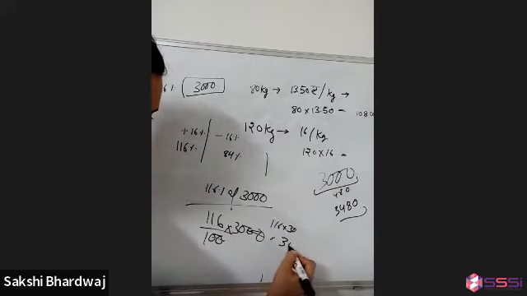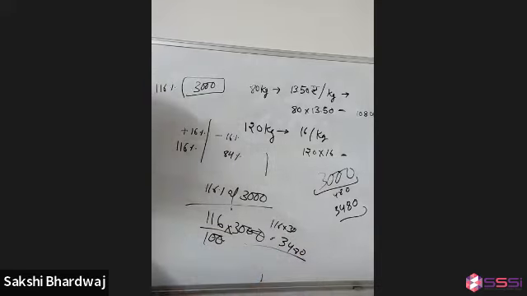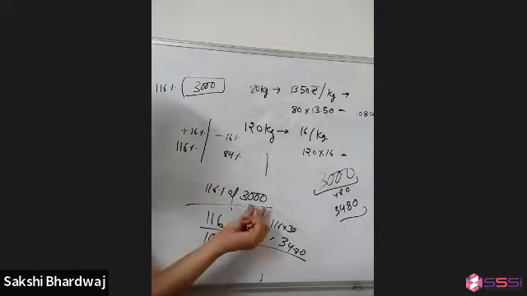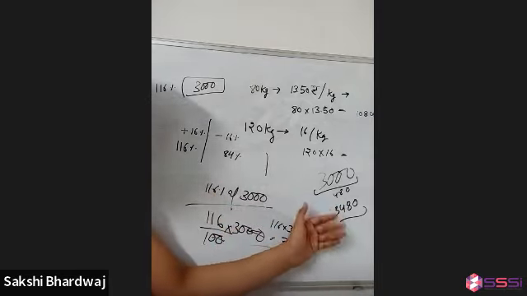We got 3480. So 116% of 3,000 we can find like this, or the earlier way was to find 16% of this and then add it to it, as we did earlier.